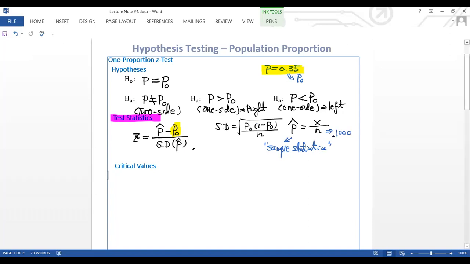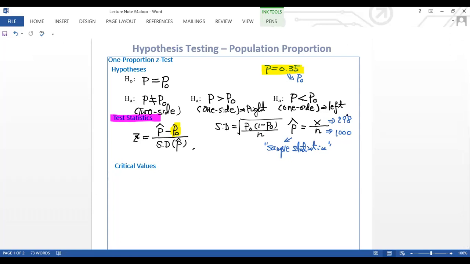And then what is X? You ask each of the 1,000 people you picked, are you a smoker or not? They will tell you yes or no. If out of the 1,000 people, 298 told you they are smokers, then X is 298.